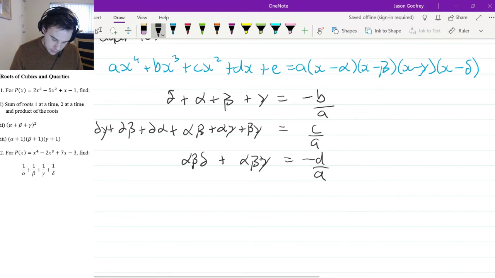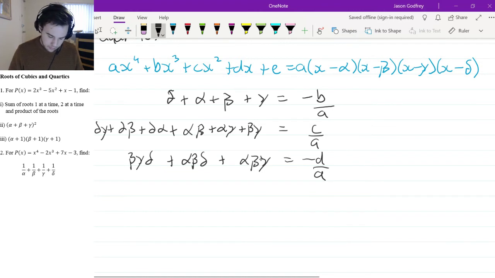And both of these have alpha, so if you remove alpha, you've got beta, gamma, delta as the other one. They're the only 3 possibilities you can have. So that's the sum of the roots 3 at a time, right?